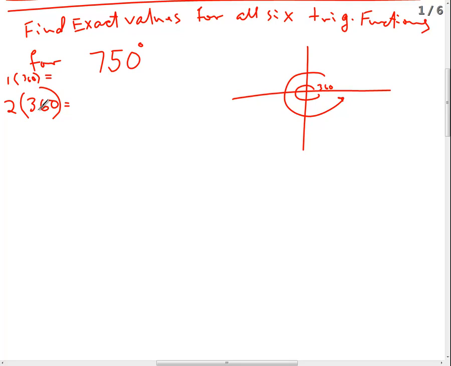So 2 times 360 would be 720. Well, can we subtract 750 minus 720? We can, right? What do we get for a reference angle? Well, what's 750 minus 720? Harley? 30, right.